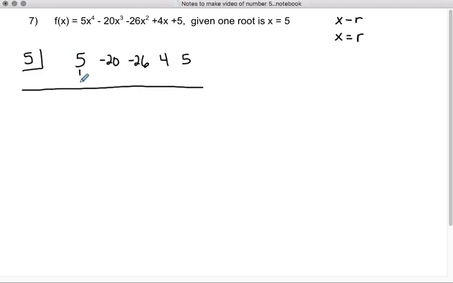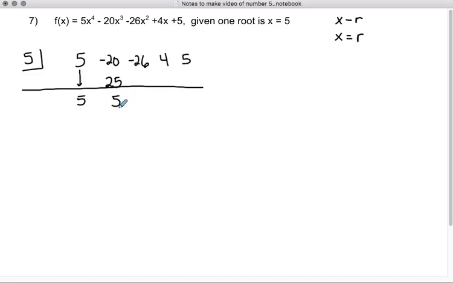So the first one I just bring straight down for synthetic division, the 5. Then I multiply this result by the divisor, and I get the answer to that product. So 5 times 5 is 25. Then I add the results, and that gives me 5.